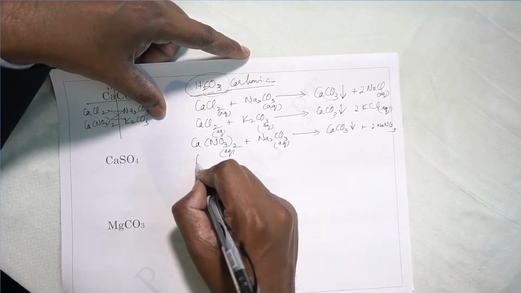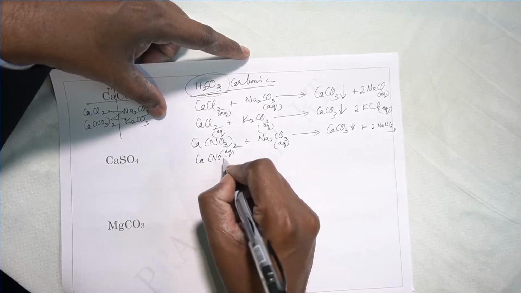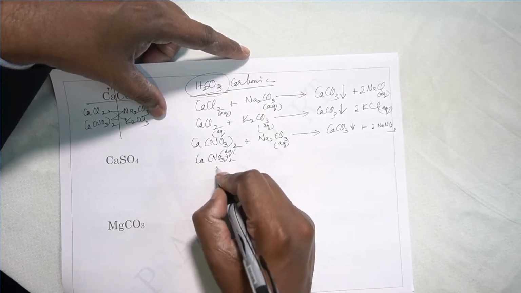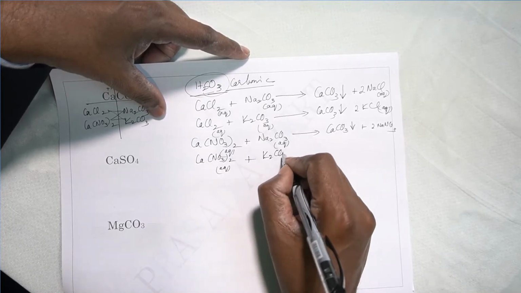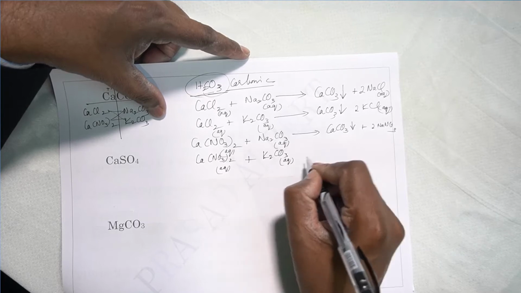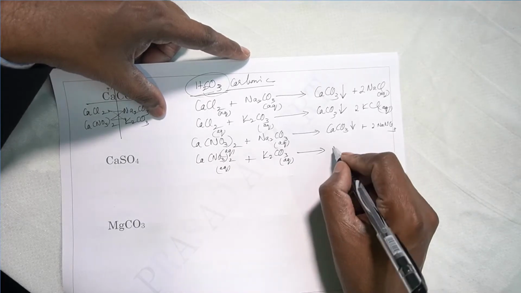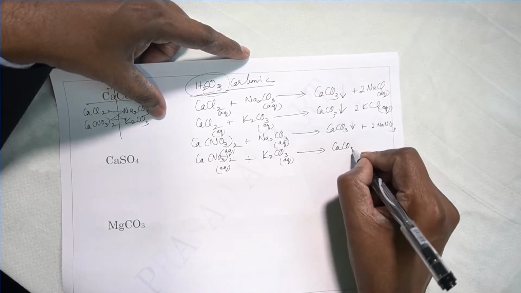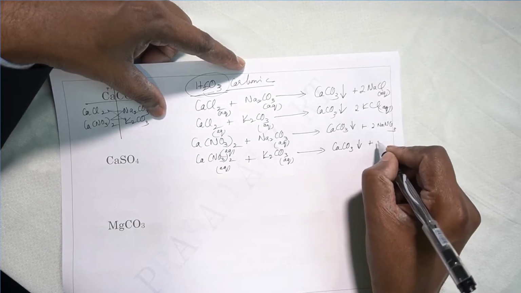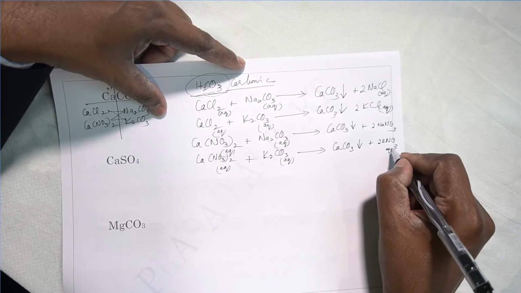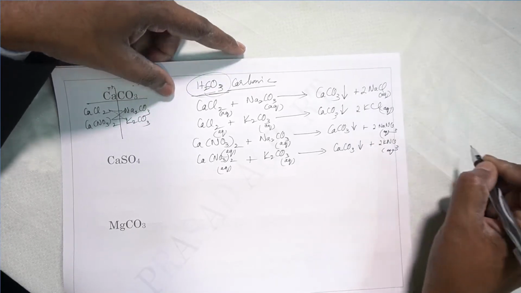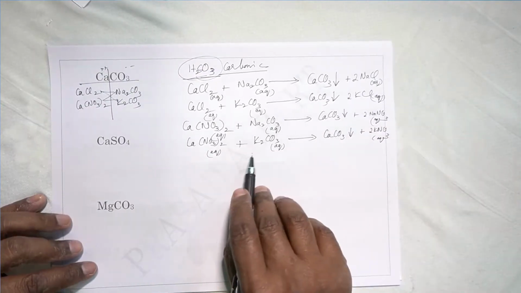Then we have calcium nitrate, aqueous, plus K2CO3, aqueous. What do you get here? Calcium carbonate, insoluble precipitate, plus 2KNO3, potassium nitrate, which is in aqueous form. So this is how we get calcium carbonate.